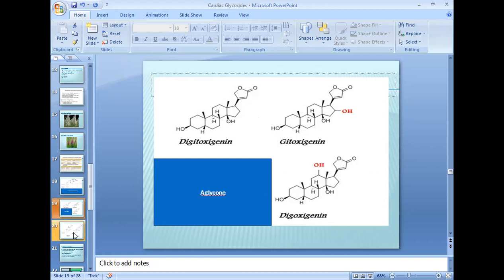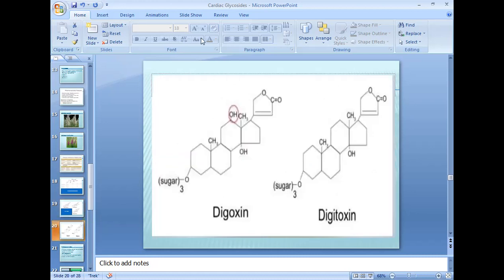Okay, now the full structure of the glycoside in the case of digoxin and digitoxin, which has the aglycone part: in the case of digoxin, digoxigenin, and in the case of digitoxin, digitoxigenin represents its aglycone part, and also at carbon 3 a sugar moiety is attached, and a lactone ring, which is a 5-member lactone ring, because these two belong to the class cardenolides, which have an unsaturated 5-member lactone ring attached at carbon 17.